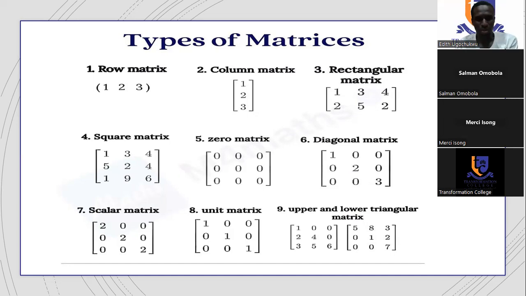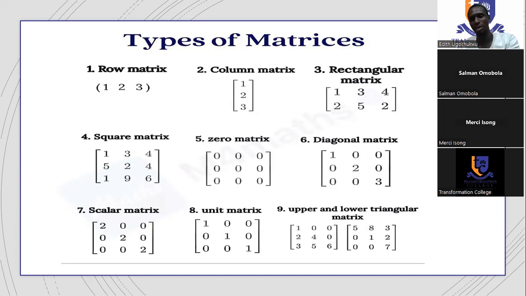Then scalar matrix. So you see, the difference between a scalar matrix, first of all, note, you will see that there is a relationship between a scalar and a diagonal matrix. So what's the relationship? A scalar has elements on its diagonal, but the elements are represented by the same number, while other elements are 0.